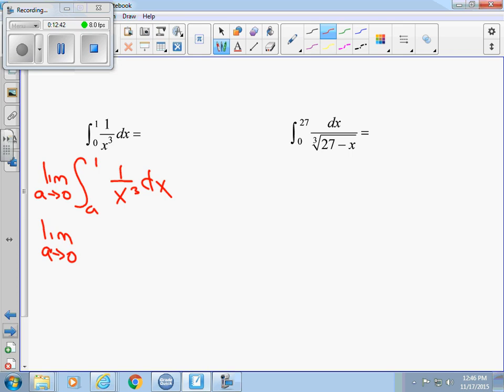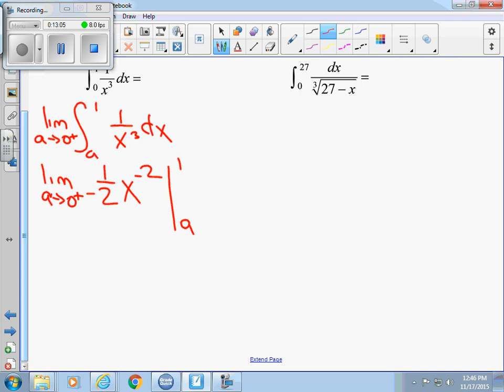It's negative 3 power, so we're adding 1 to the exponent, which gives us a negative 2, and negative 1/2, because we divide by the new power. Okay. And again, I am approaching 0 from the right.